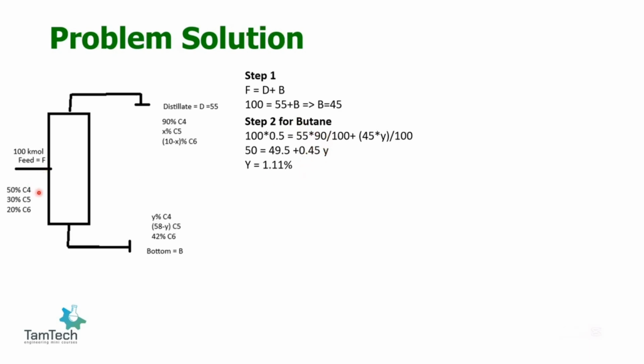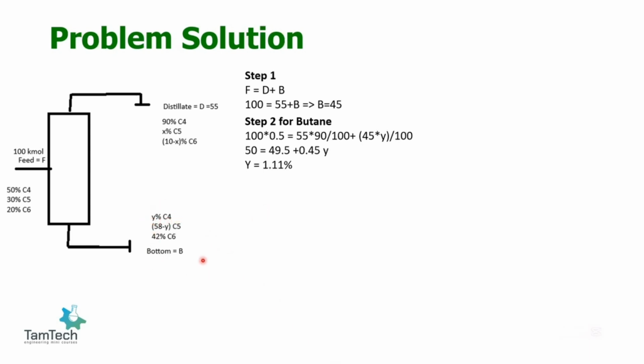Step 2 is to calculate the butane percentage. So we write the equation for butane. 100 multiplied by 50 divided by 100, or you can put it as a fraction, 100 multiplied by 0.5, is equal to 55 multiplied by 0.9 as a fraction, plus, again in the bottom, Y is the composition.